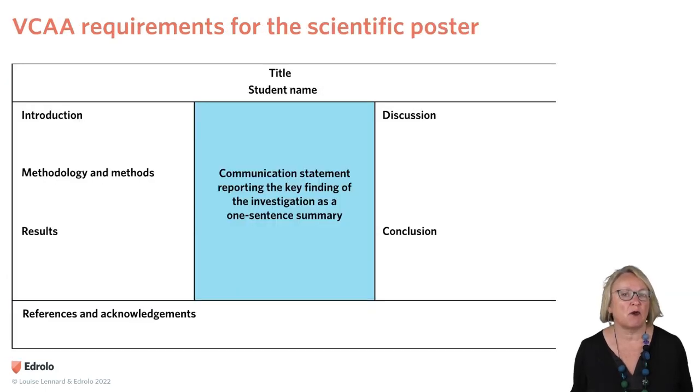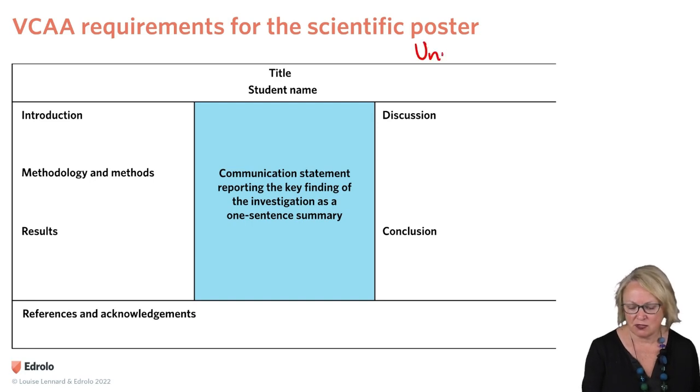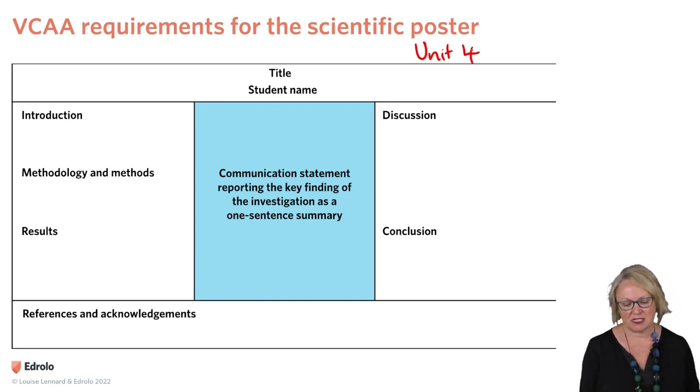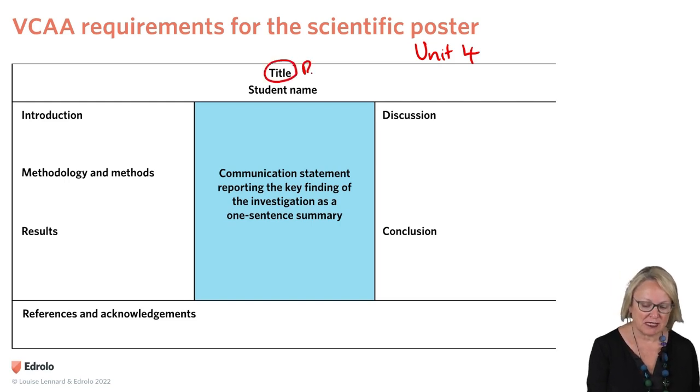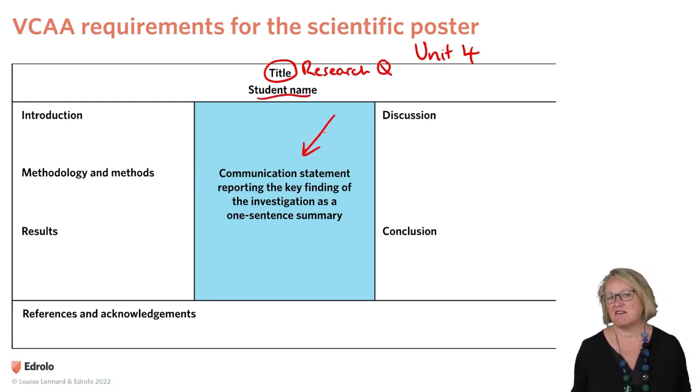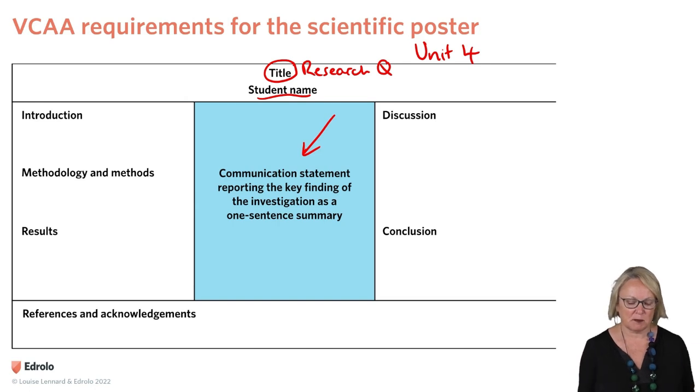This is the general requirement for the scientific poster, which is used in Unit 4 or Year 12 Chemistry. It's got the title, which is often the research question, and your name. About 20 to 25% of the poster is supposed to be a one-line communication statement, or a one-sentence communication statement, I should say.